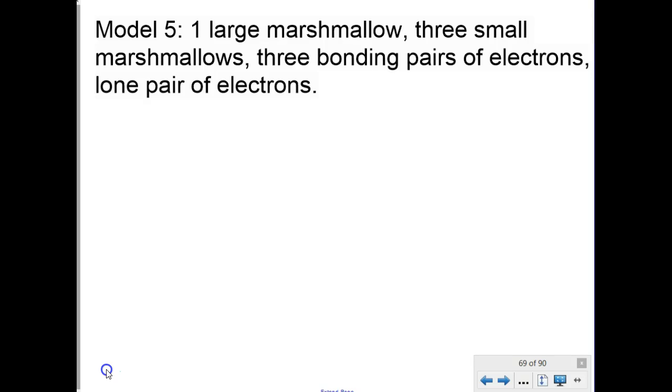And so what happens is it pushes just a little bit more than the tetrahedral model. And it forms this slightly different shape.